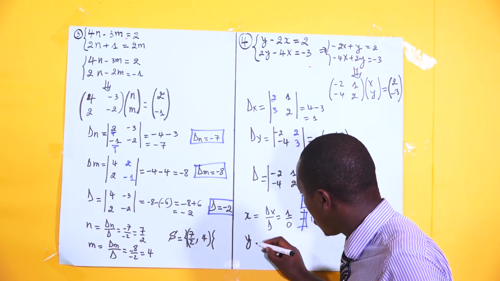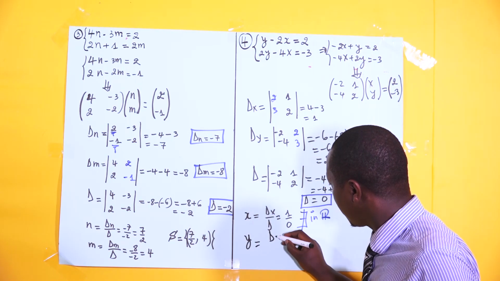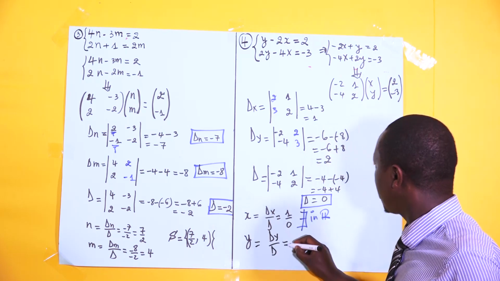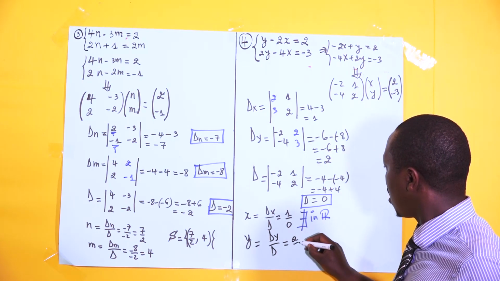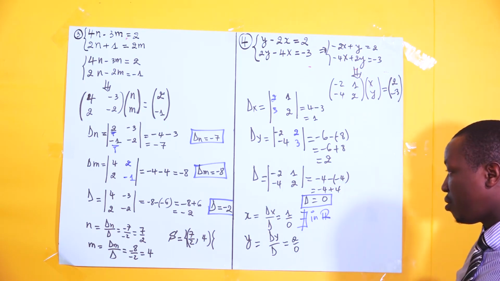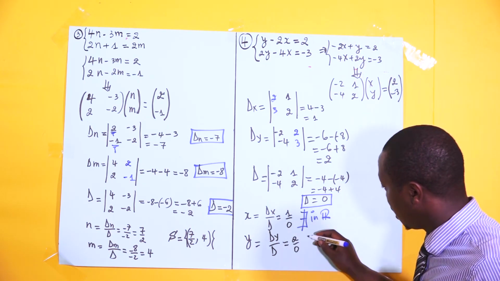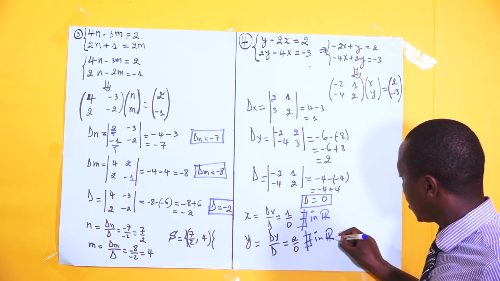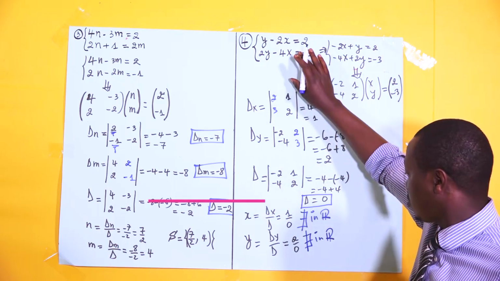When you want to find y, it is also the same, you can't find y because the determinant is 0. It is dy over determinant, which gives us 2 over 0, and 2 over 0 does not exist in the set of real numbers. You are asked to solve.